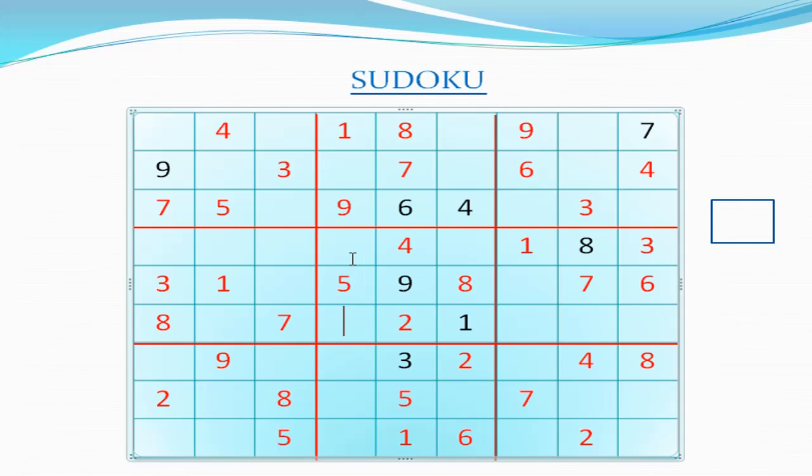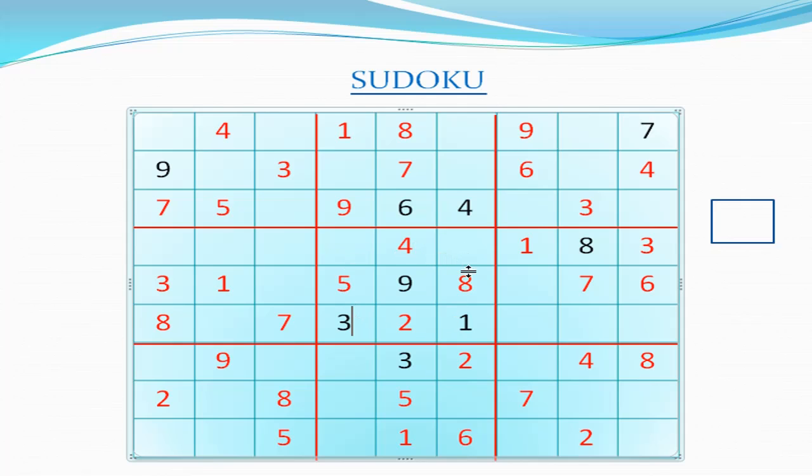Just 3 options. Now, I cannot place 3 here. Why? Because in this row, there is 3. So I'm left with just 1 and I'll write 3 here. Hooray! Now, in this block, I have just 2 tiles left. Remember, right? And so we'll try to place this first.